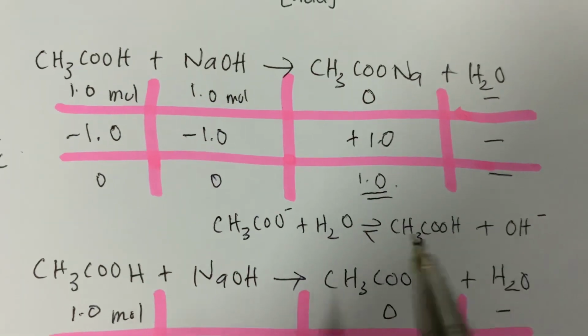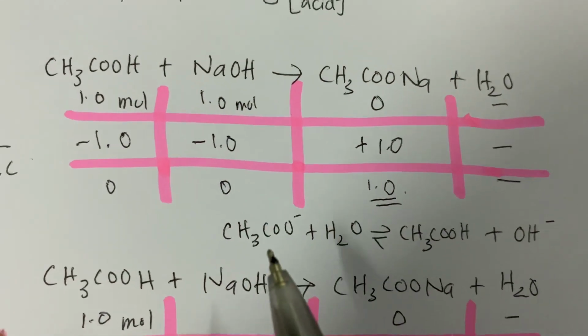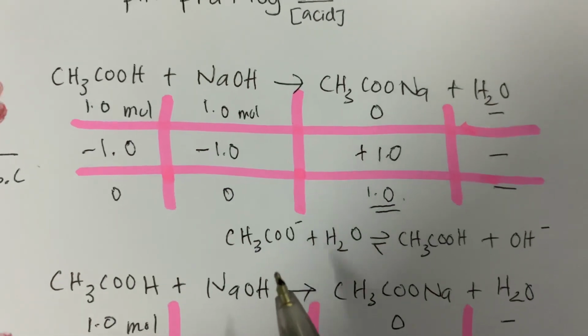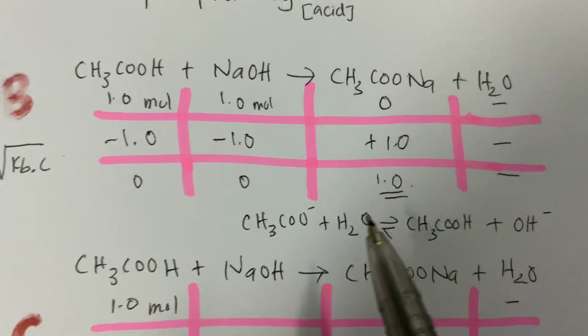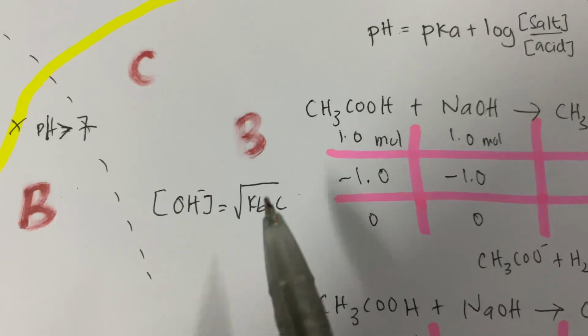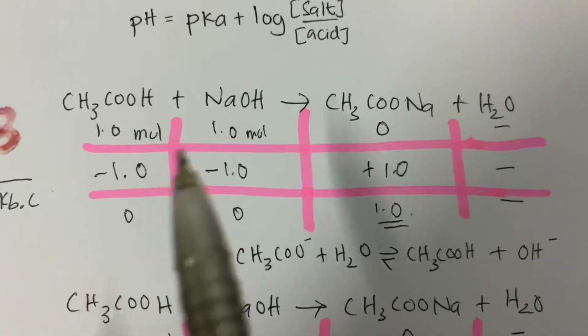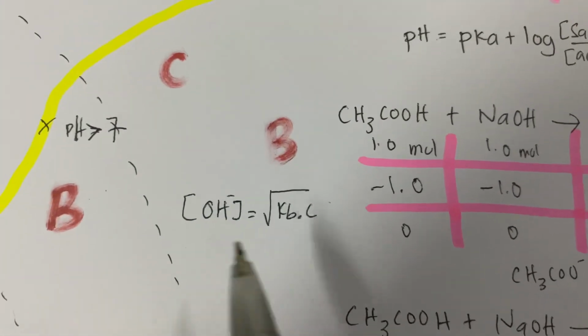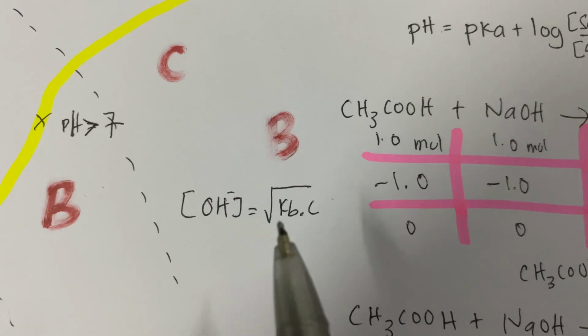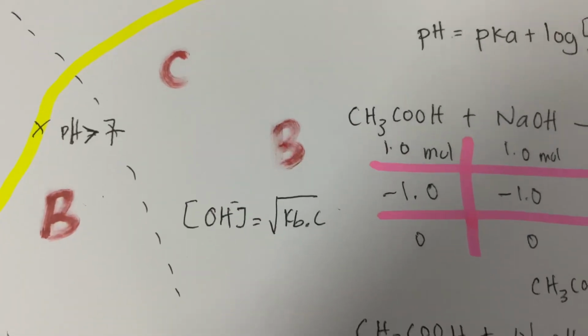OH minus indicates that this salt is a base. So to calculate the pH, you need to use this formula. This is a weak base. This is a weak acid, its conjugate will be a weak base. So to calculate for a weak base, you need to use OH minus equals the square root of Kb times C.